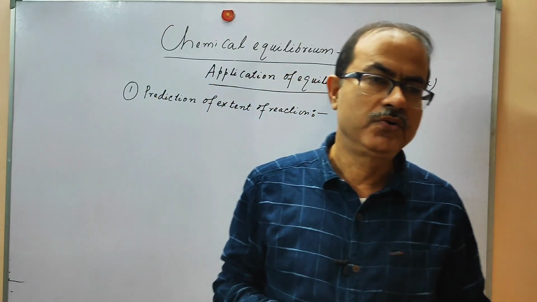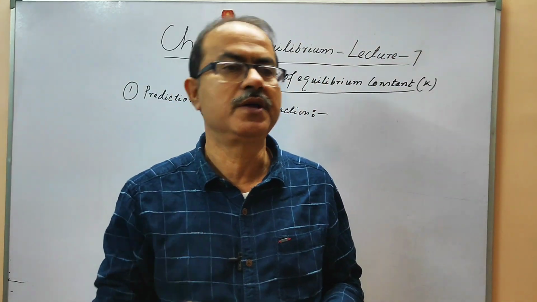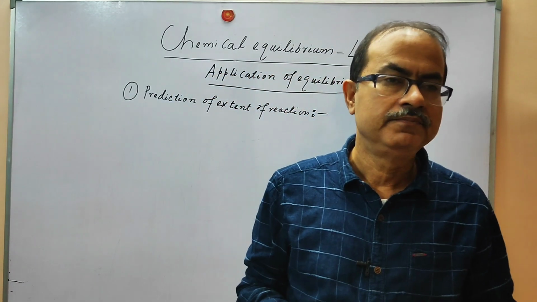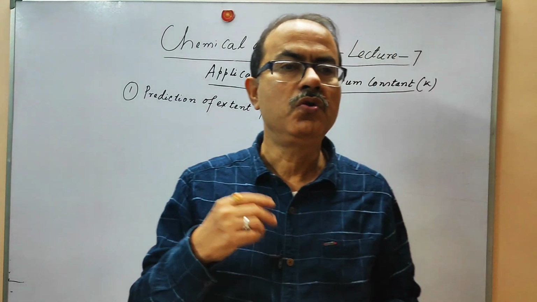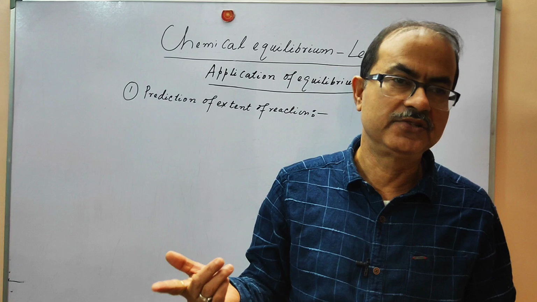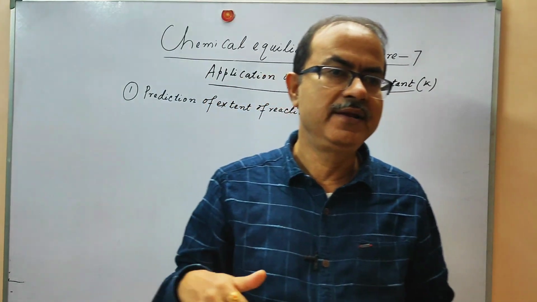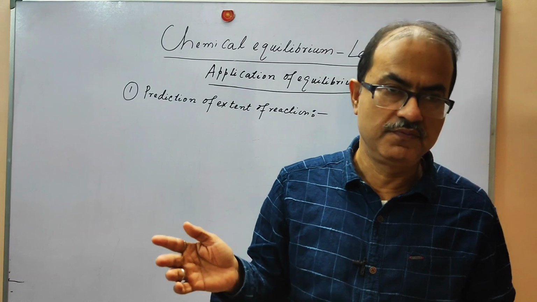When we are talking about the extent of reaction, there are basically three categories you can find. Number one, when all the reactants have been converted into the product. At that time you will find at the end the reaction is almost completed.